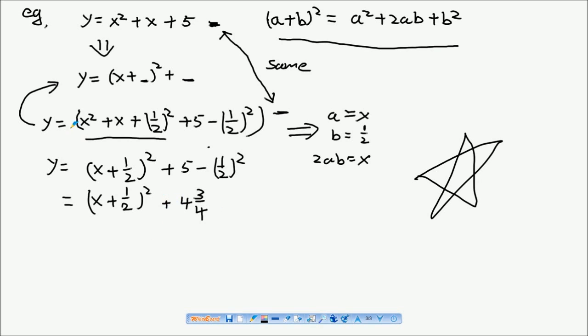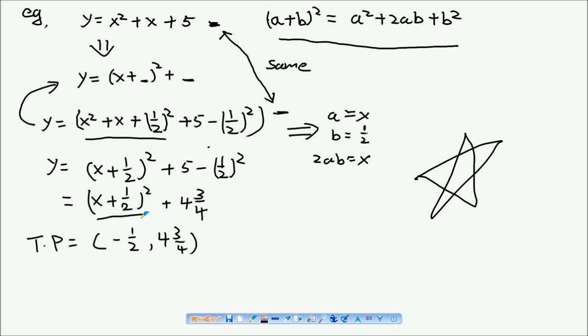Now we know this graph is the same as the previous graph there, so the turning point is minus half and 4 and 3 quarters.